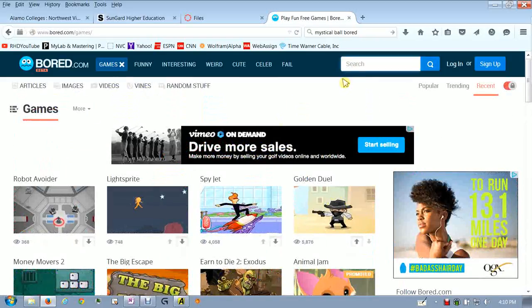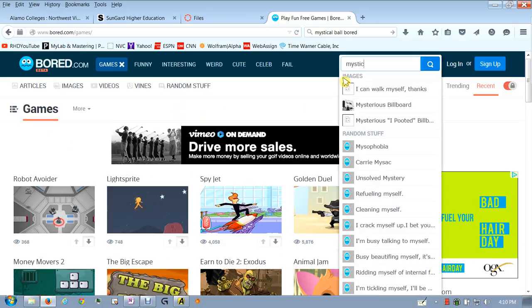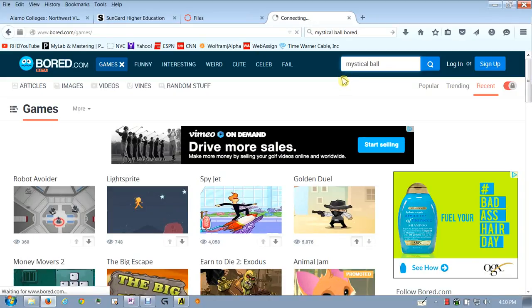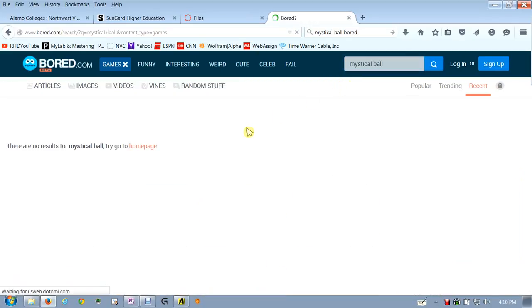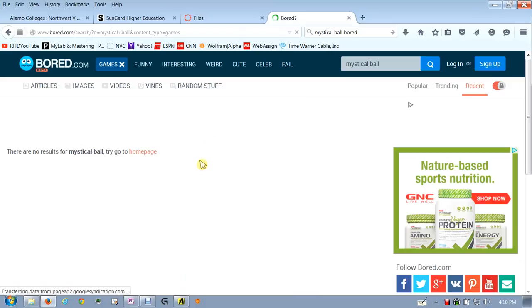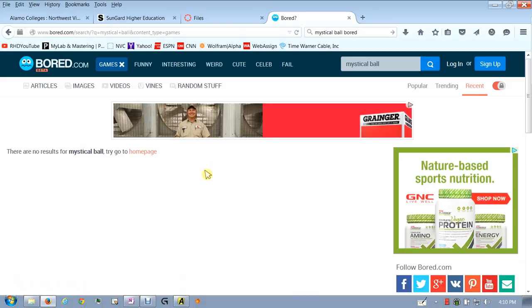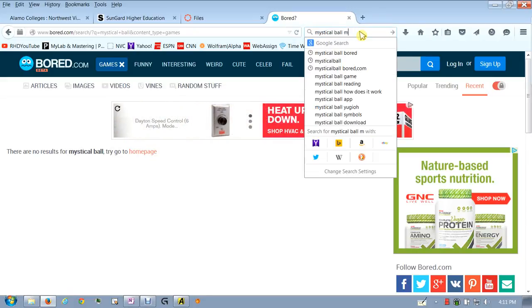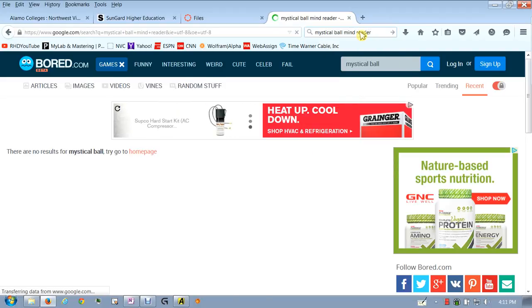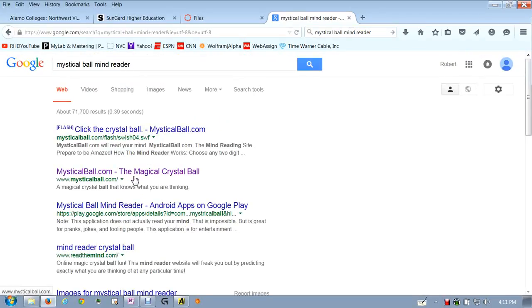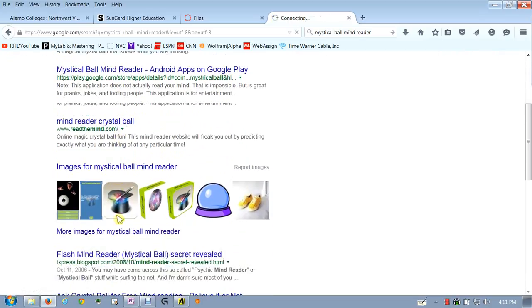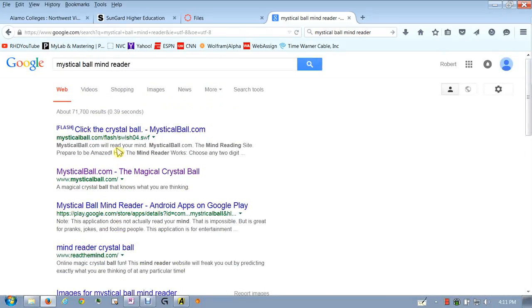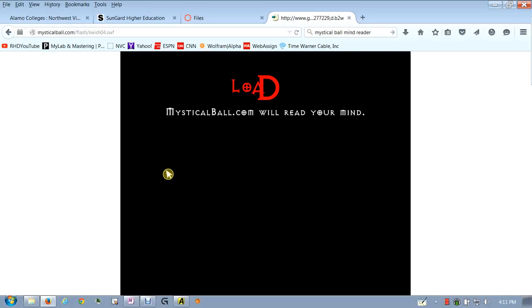That was my next option. Mystical ball. I don't see it there. They probably removed it because it's freaking too many people out. Man, where'd it go? It's sad it's not there. Ah, there it is.